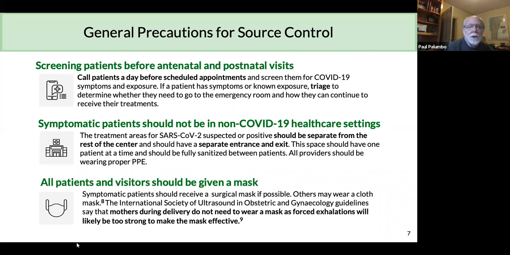So separation of care facilities, separate entrance, separate exit, should be considered if at all possible and feasible. The space that is carved out for care of infected individuals should have one patient at a time and should be fully cleaned between patients' arrival and departure.